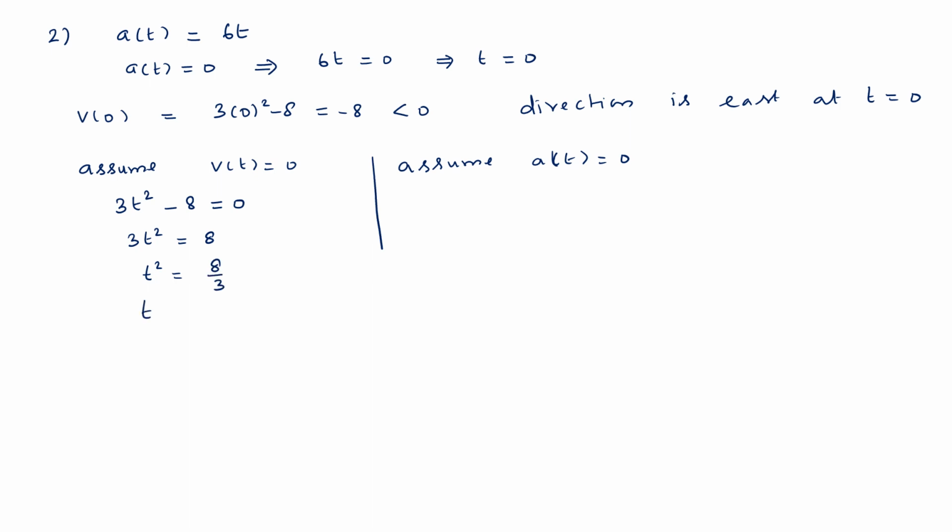So t equal to square root of 8 by 3, and I am taking only the positive value, 1.63 approximately. And assume a of t equal to 0. This gives 6t equal to 0 and t equal to 0. So make one graph like this.